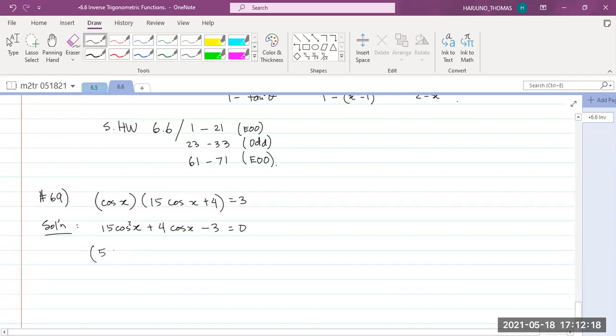So let me try (5 cosine x plus 3)(3 cosine x minus 1) equals 0. So cosine x equals negative 3/5, or cosine x equals 1/3.